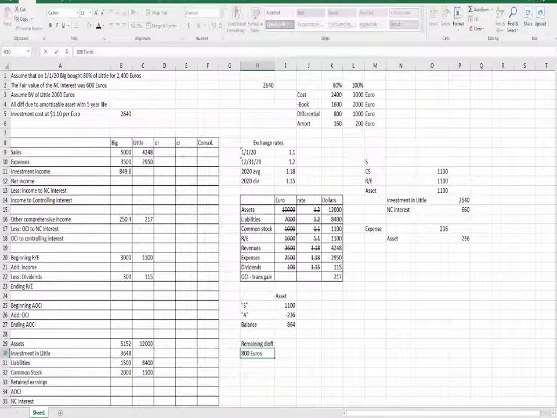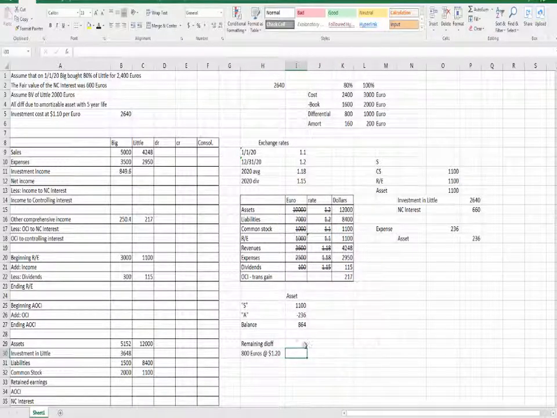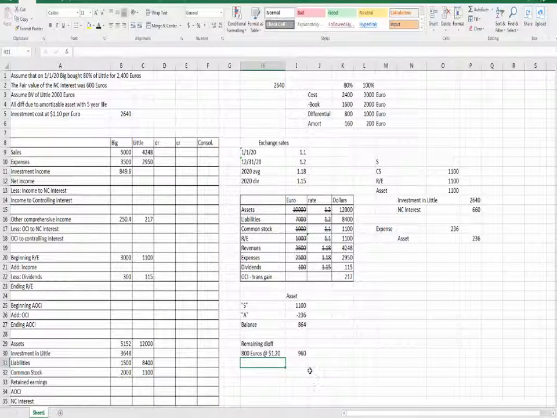Assets are reported at the end of year exchange rate. So the desired balance, at the end of year exchange rate of $1.20, should be 800 times 1.2 or 960.